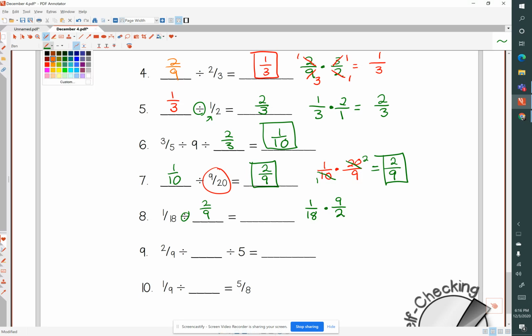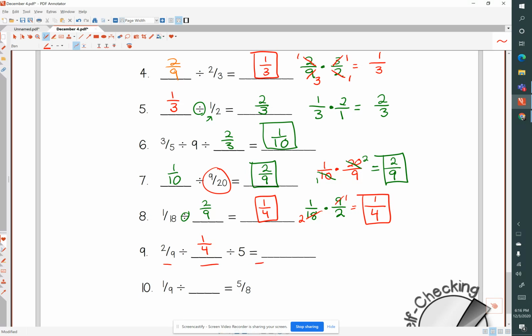And do you see where our opportunity for simplifying is? 9 divided by 9 is 1. 18 divided by 9 is 2. Multiplying across, 1 times 1 is 1. 2 times 2 is 4. And that's our final answer, 1/4. So we'll put that here, and we'll put that on number 9.